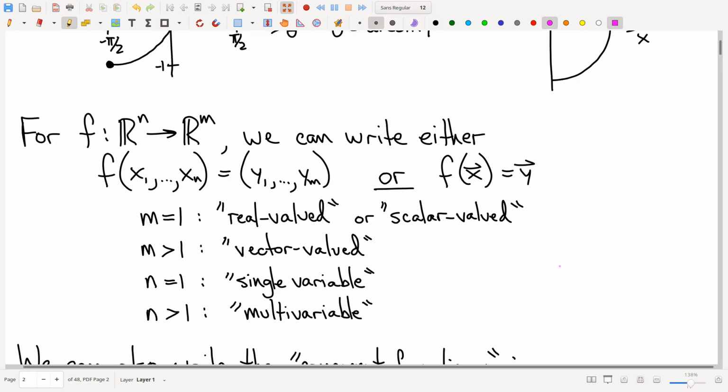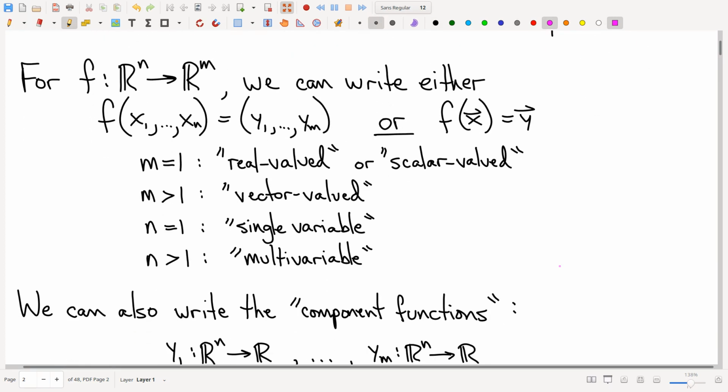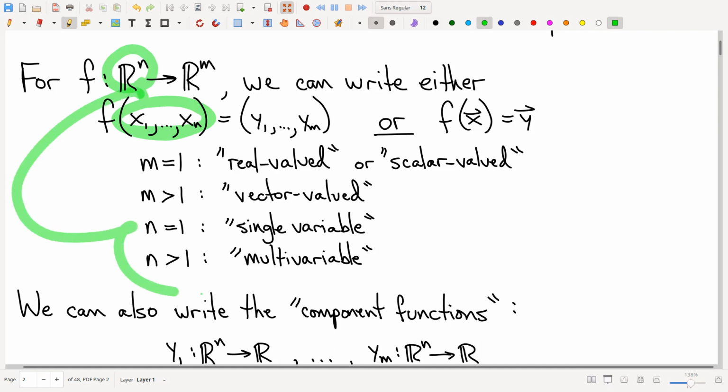Bunch of boring lingo. I'm going to be super quick with this because this is very readable and it's just terminology. We need to be able to talk about whether a function has multiple inputs allowed or perhaps just a single input allowed. And we distinguish these cases by these two terms, single variable, multivariable. I hope that makes sense, right? Input variables, you either have one or you have more than one.